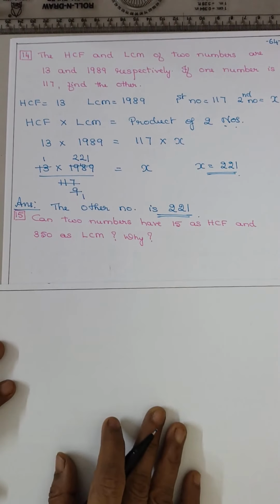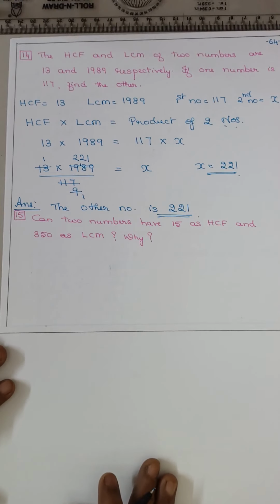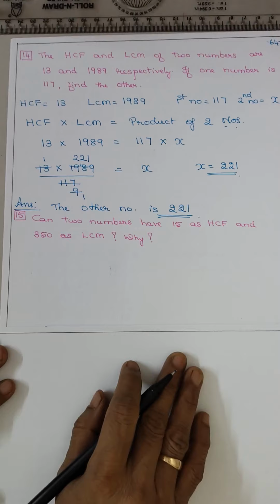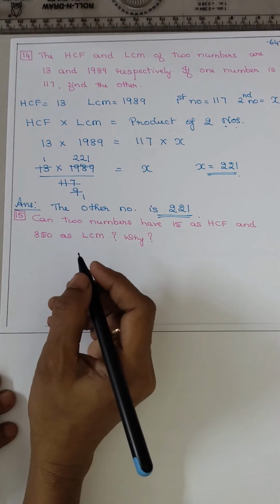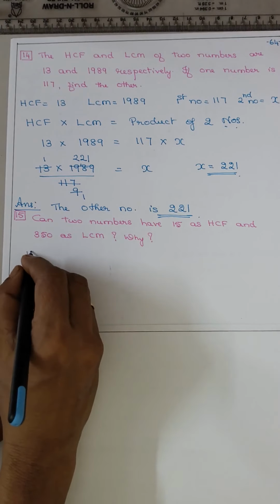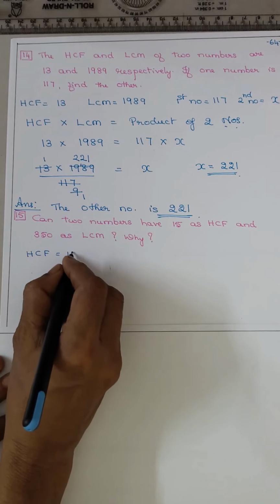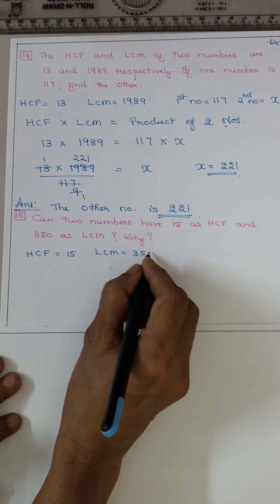Now the last sum. Can two numbers have 15 as HCF and 350 as LCM? HCF and LCM, what have we told? HCF is 15 and LCM is 350.